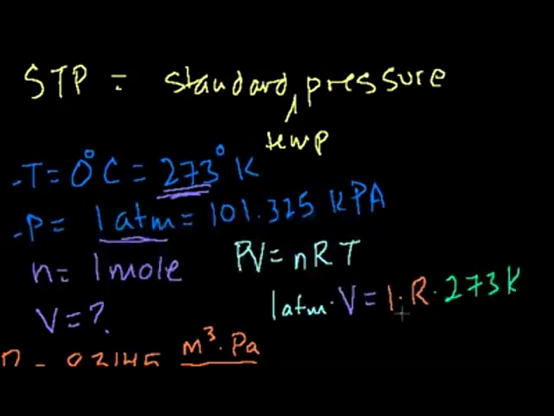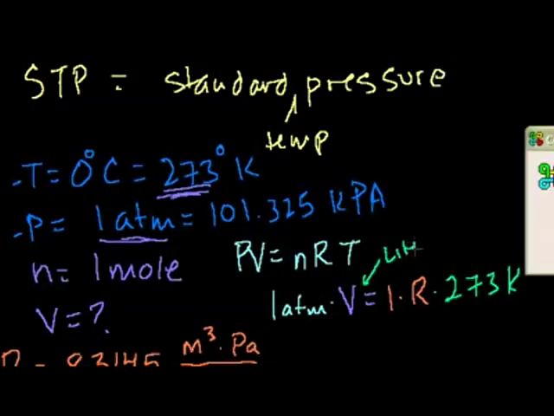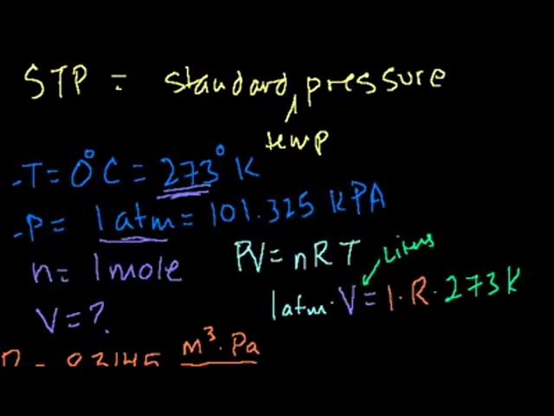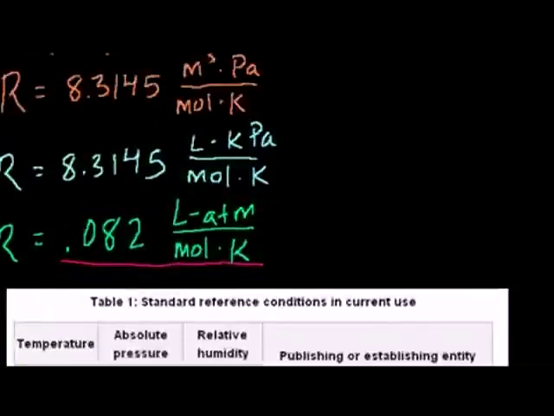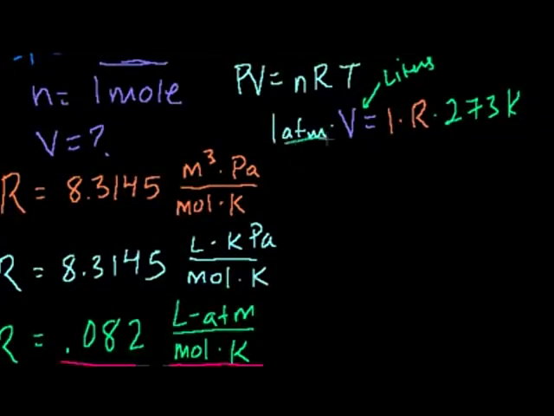This is in Kelvin, this is in moles, and we want our volume in liters. So which version of R should we use? Well, we're dealing with atmospheres, we want our volume in liters, and we have moles and Kelvin, so we'll use this version, 0.082. The 1 there we can ignore.